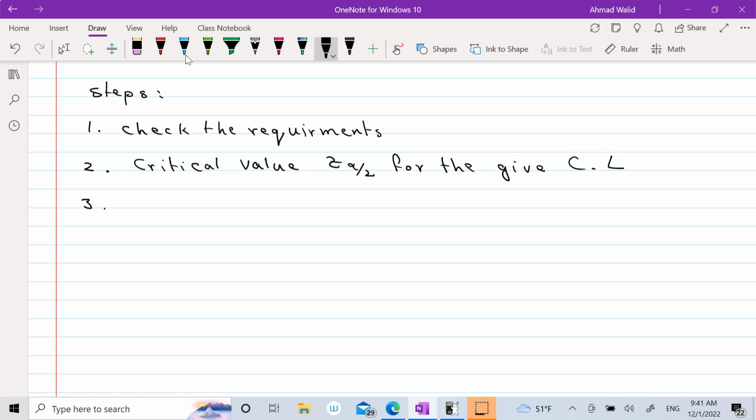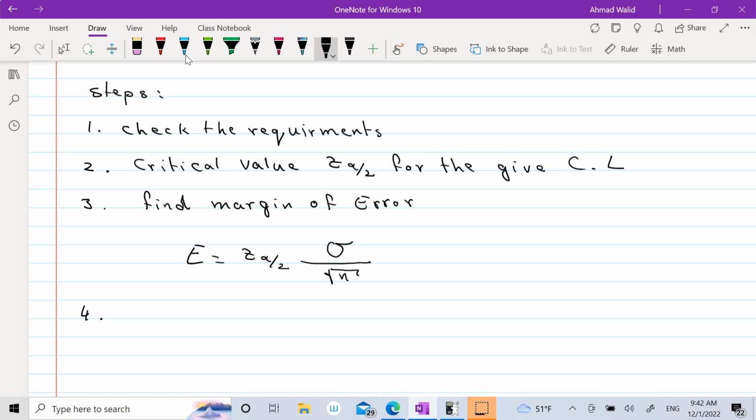And step 3, find the margin of error, which formula for that we just created: E equals z alpha over 2 times sigma over square root of n. Use this one in step 3.